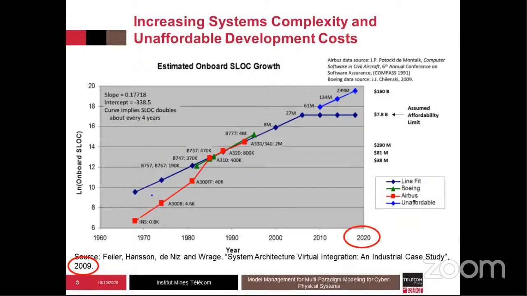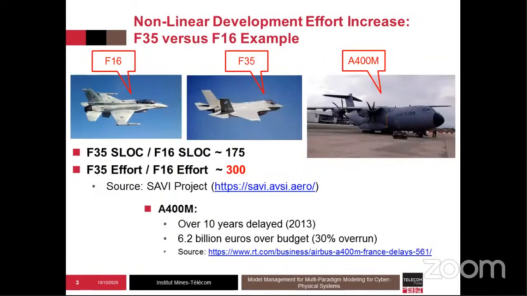And there is a concrete example of that here. I have taken some numbers for the development of well-known aircraft. Most of them are military because we have the figures there. If you look at the F-16 aircraft and the F-35, which is a more sophisticated model that came after, you see that the ratio of the number of lines of code of the F-35 over the F-16 is 175.